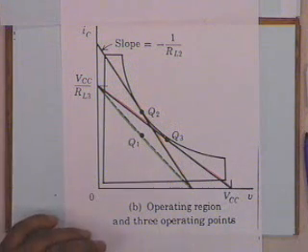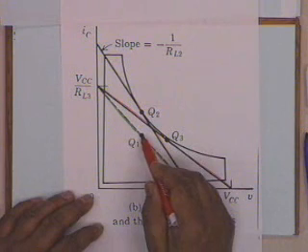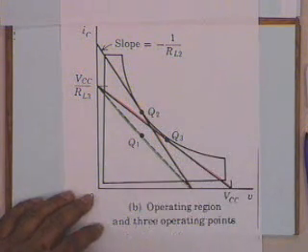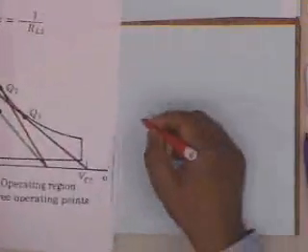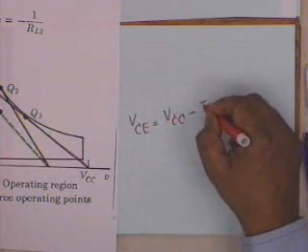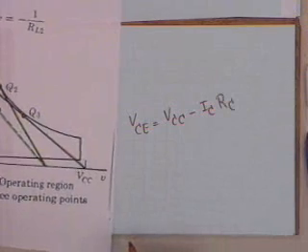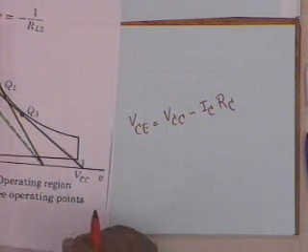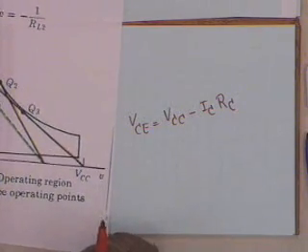Now, the point is, where should we choose the Q point? Three possible Q points are shown here, Q1, Q2, Q3, and the corresponding load lines. What is a load line? Load line is a straight line satisfying the relation VCE equal to VCC minus I sub C times R sub C, if there is no resistance in the emitter lead.